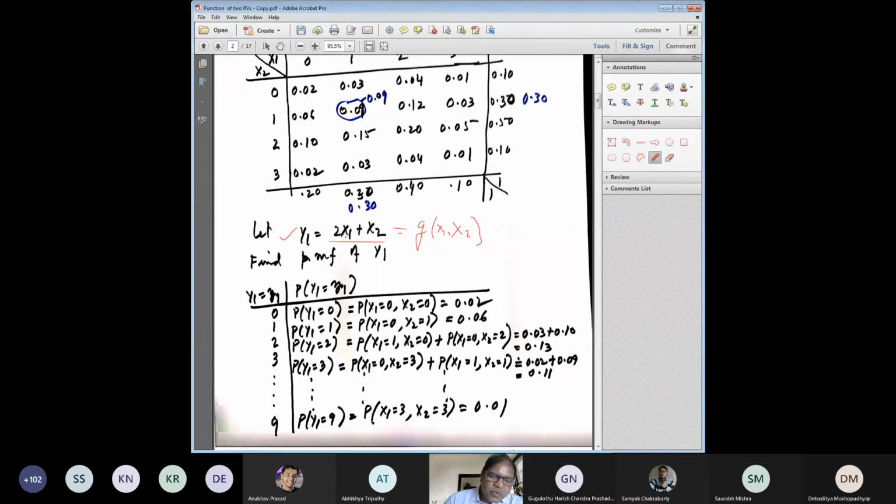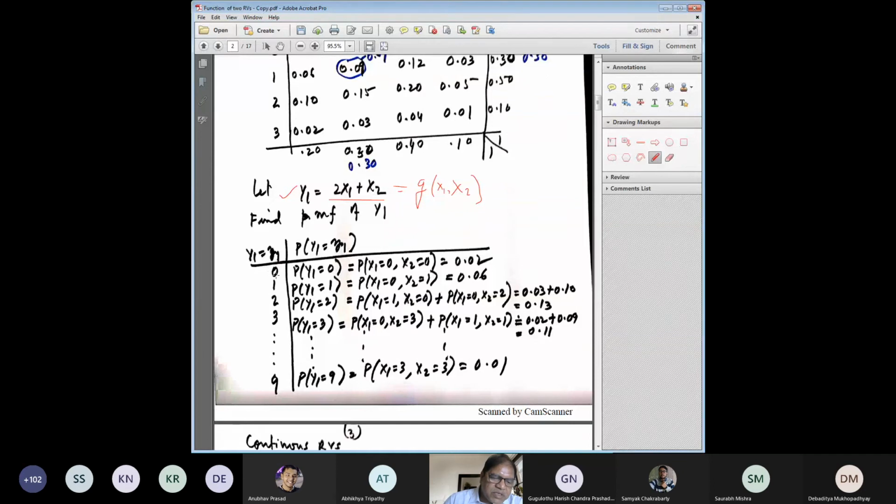Here all the values have been listed for y1, which is 0 1 2 3 up to 9. Now we need to calculate the probability of y1 equal to 0, because once we have got the values of y, we need to find out their respective probabilities.